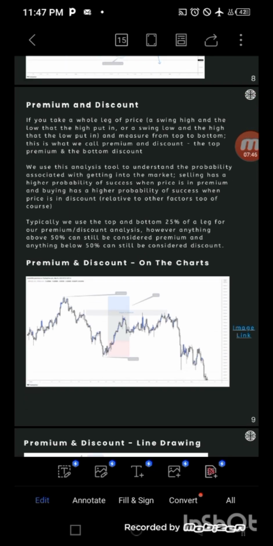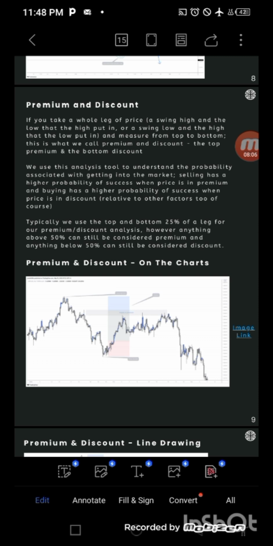So if you take a whole leg of price, a swing high and the swing low that the high puts in, and measure from top to bottom, that is what we call premium and discount: the top is premium and the bottom is discount.